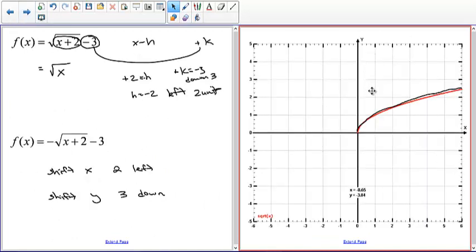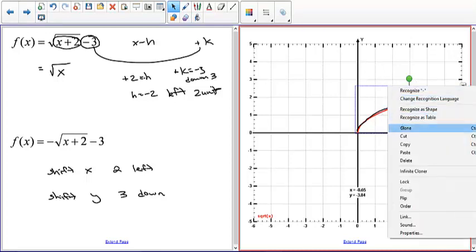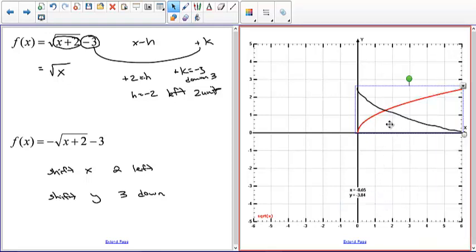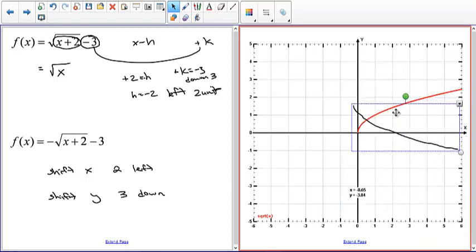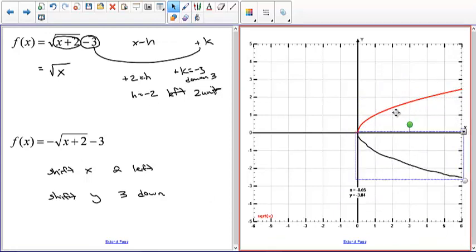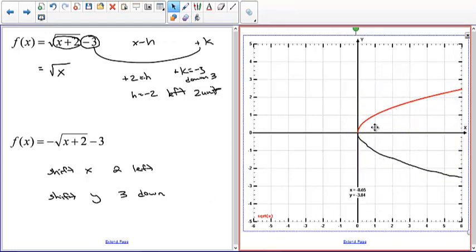So to reflect it across the x-axis, what we're going to do is reflect it, the mirror image, using my flip. Here it means flip top to bottom. And so it's flipped, and then I bring the anchor point down to the origin. So that's all I've done here.